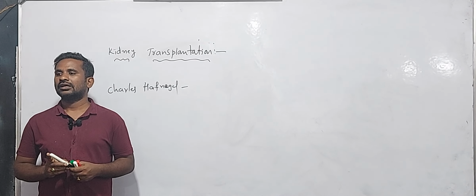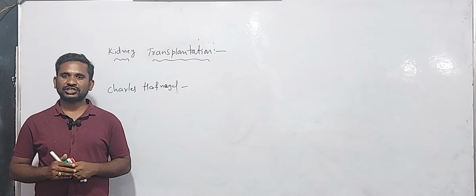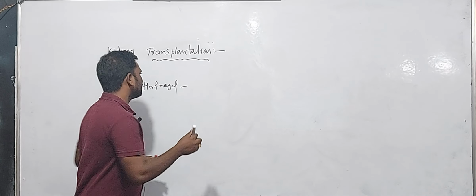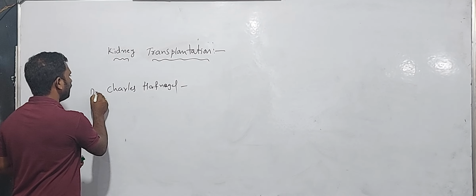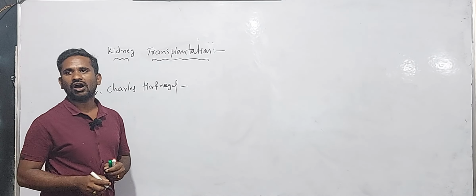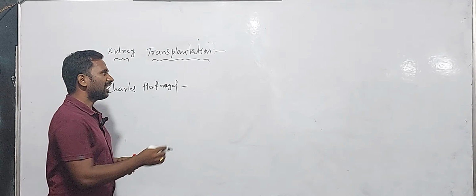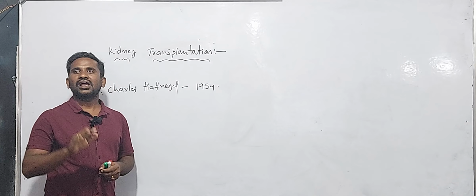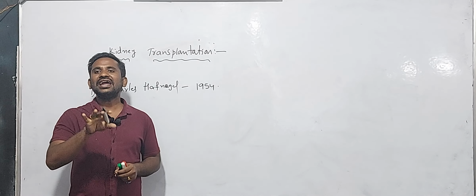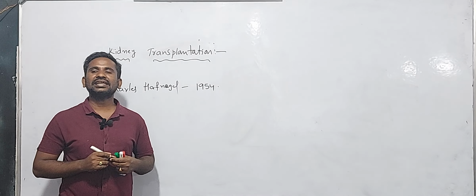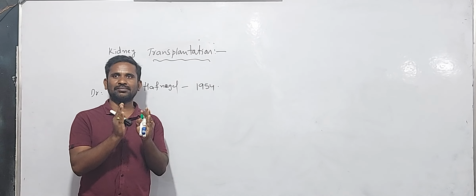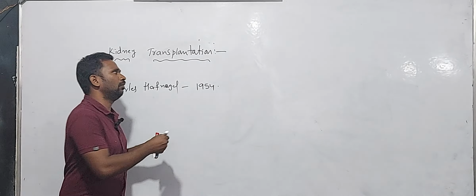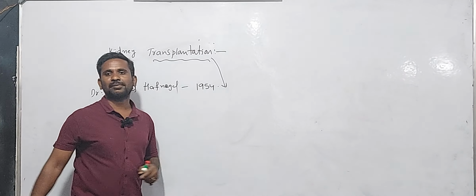The first kidney transplantation was done by Dr. Charles Hufnagel in 1954 in identical twins. Identical twins means two people who look exactly alike. Between identical twins he performed kidney transplantation.